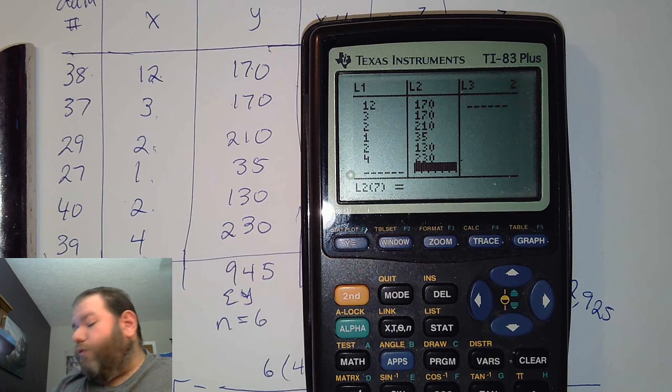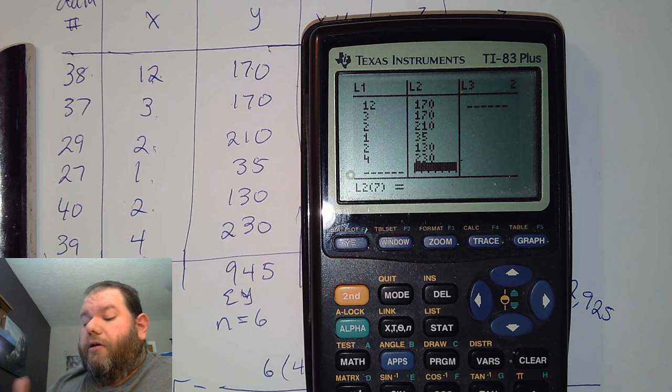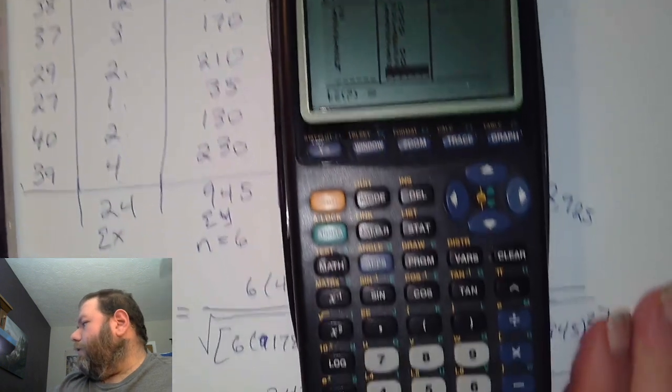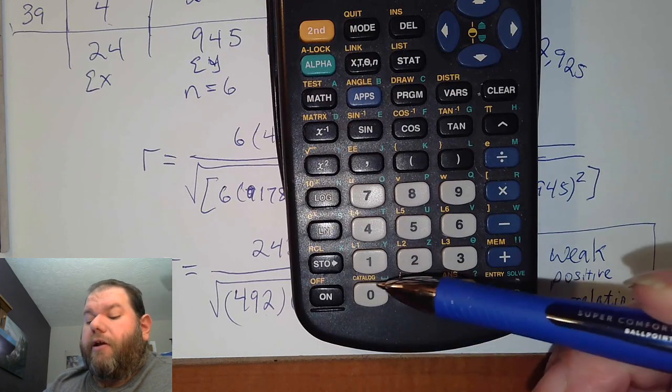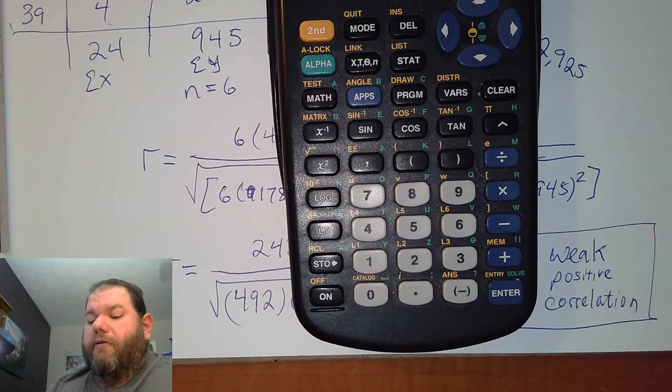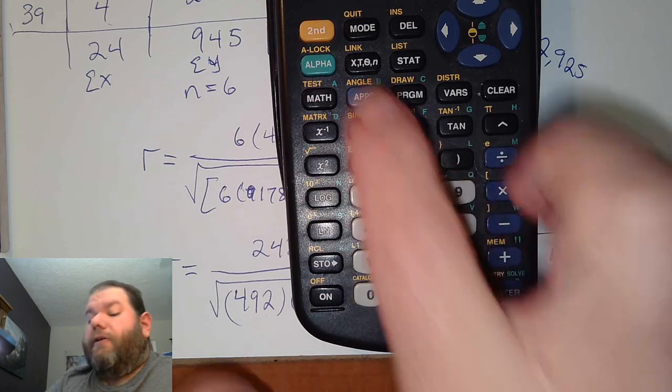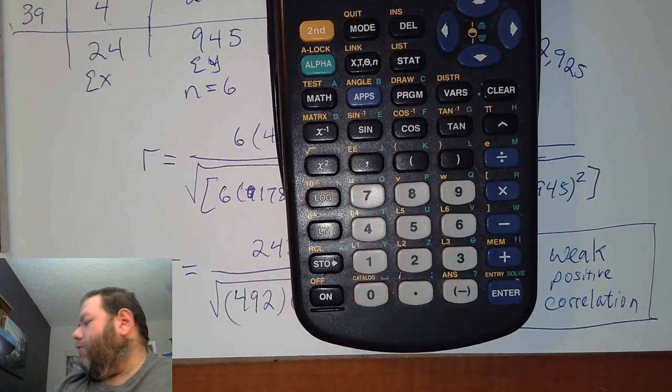Next, what I'm going to do is go into the catalog. Now, the catalog, if you look, is actually right here above the 0 button. So I'm going to press second and 0.